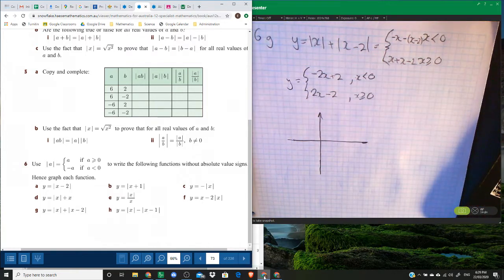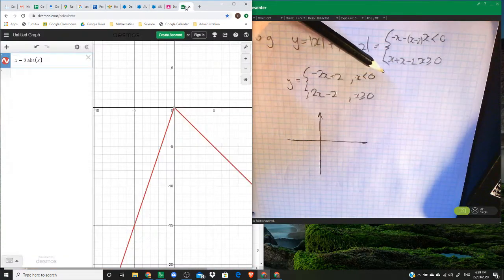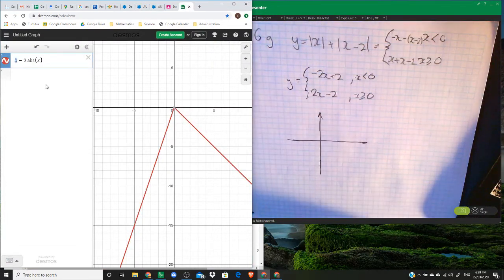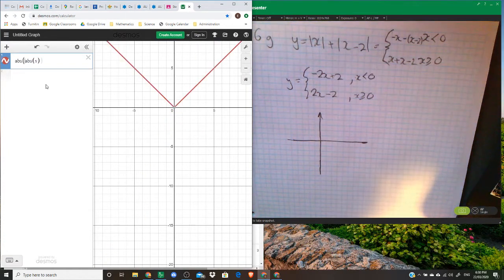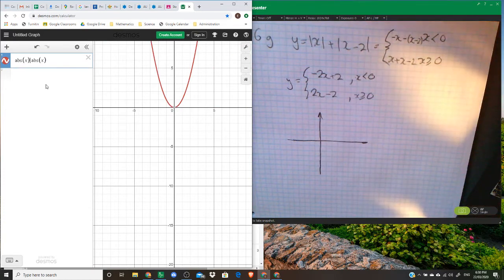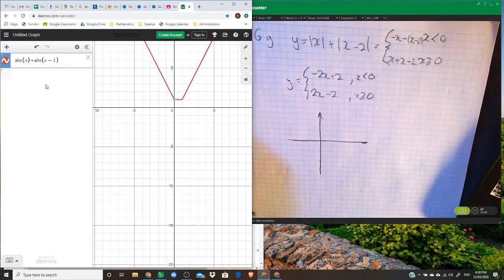Maybe I will test this first. Let's see what Desmos says. See this flat bit in the middle? I'm trying to make sense of that.